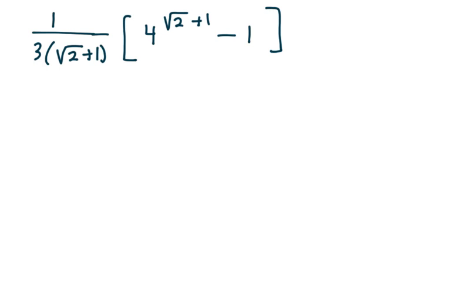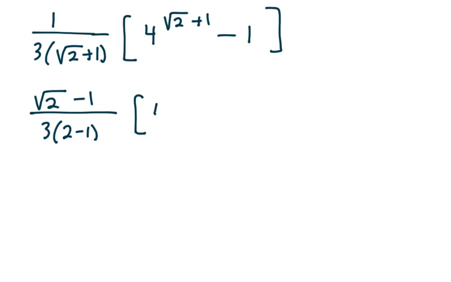Now, you may want to check with your instructor to see if your instructor wants you to rationalize the denominator. That's always a possibility. If you want to rationalize the denominator, it would look like this: square root of 2 minus 1 divided by 3 times (2 minus 1) times the quantity 4 to the square root of 2 plus 1 minus 1.